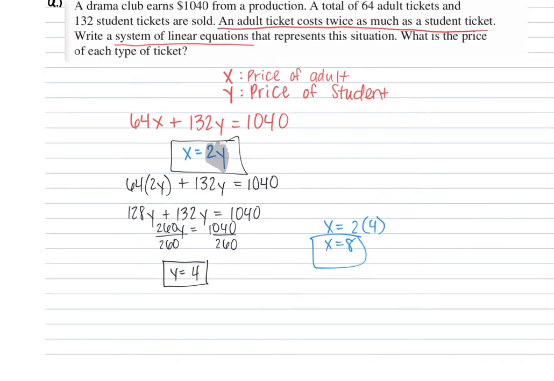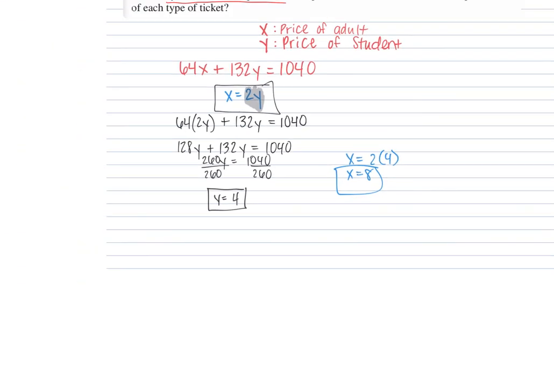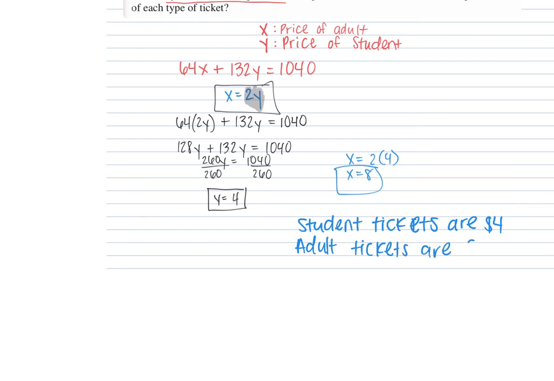That means the student tickets are $4 and the adult tickets are $8.